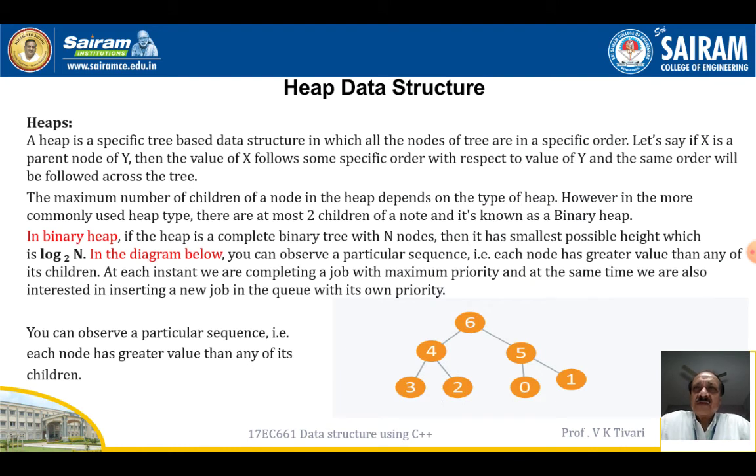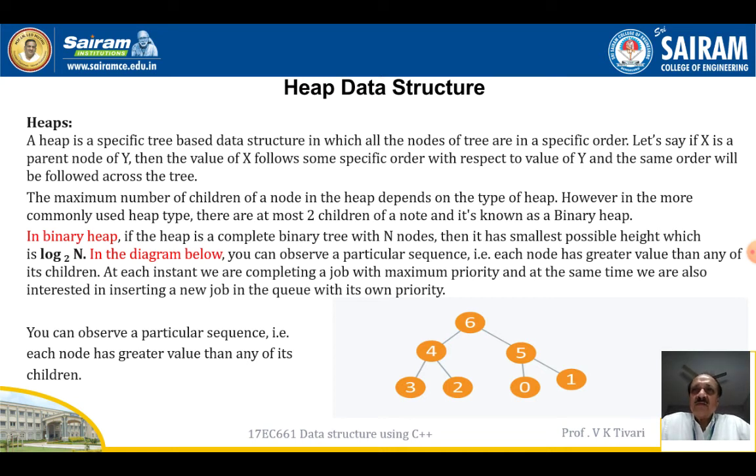Heap data structure. A heap is a specific tree-based data structure in which all the nodes of the tree are in a specific order. Let's say if x is a parent node of y, then the value of x follows some specific order with respect to the value of y, and the same order will be followed across the tree. That is called a heap data structure.